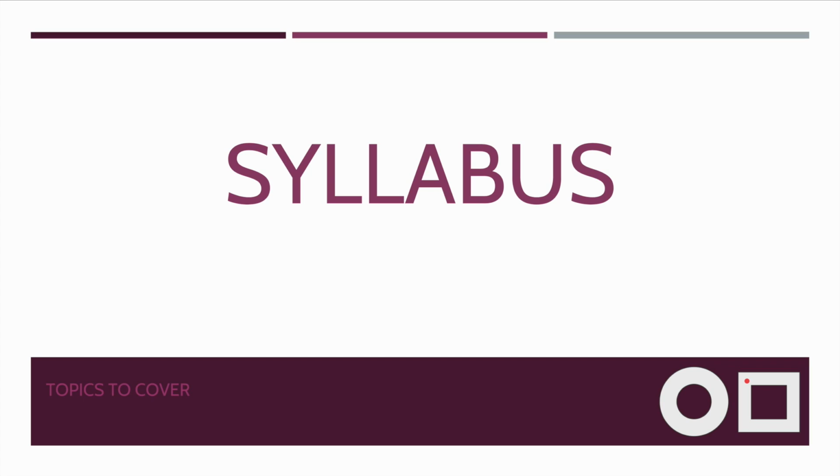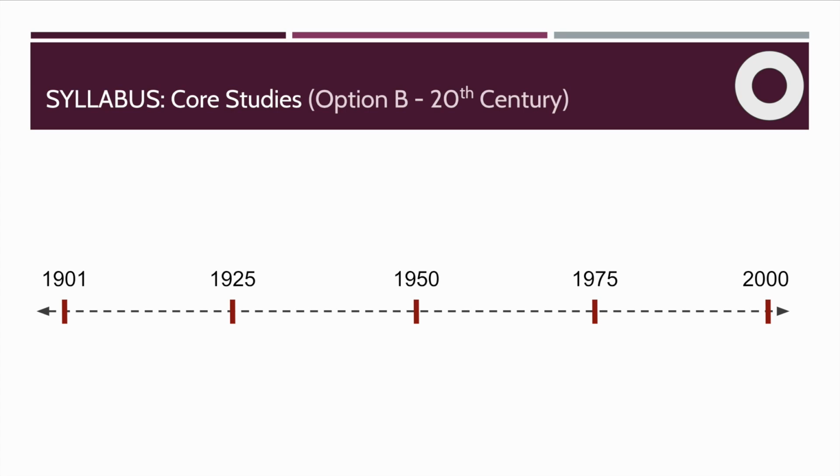It's just there in the presentation to help you remember which section we are talking about. So let's get with it. The core studies covers the 100 years of the 20th century from 1901 all the way to the year 2000. And the core studies is broken into different topics.